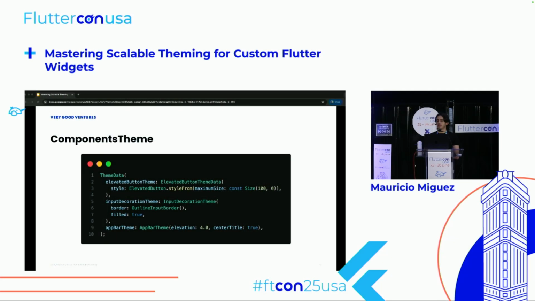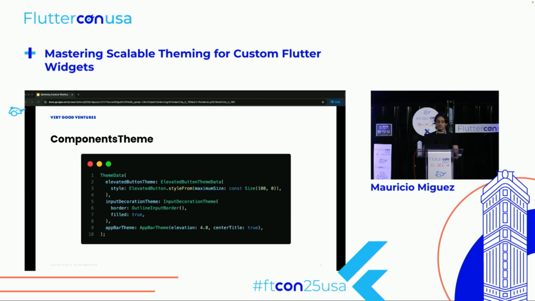Our last stop is at the component theming. As you may know, the Material library offers us a bunch of different widgets we can use in our applications. And each of those widgets has a corresponding ThemeData class that allows us to customize them. So for our specific widget, we have different ThemeData classes.